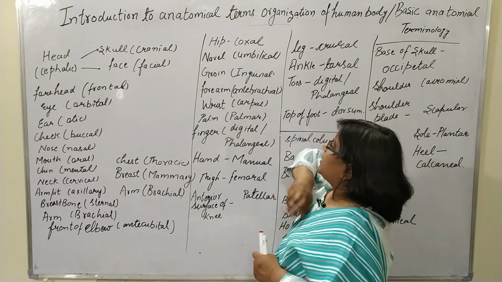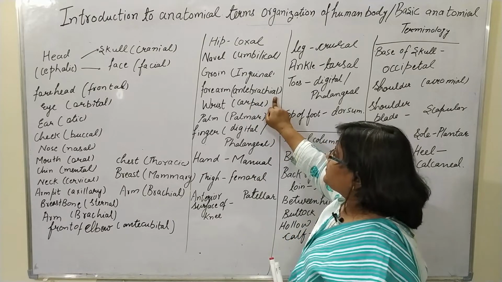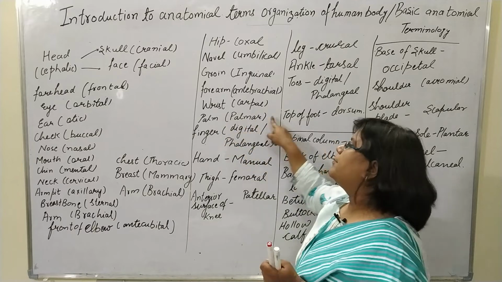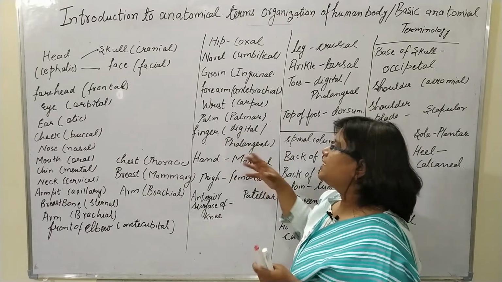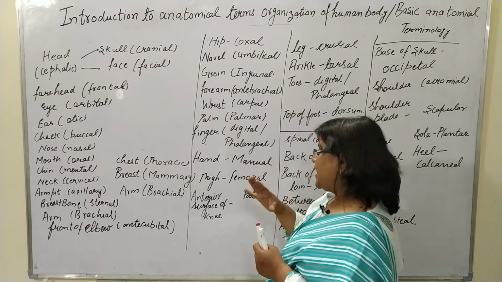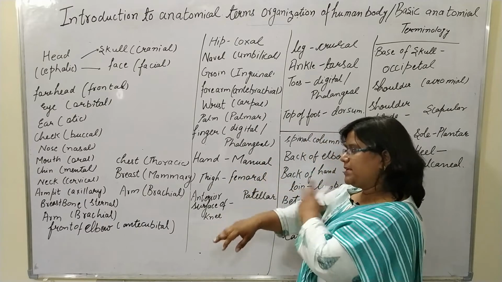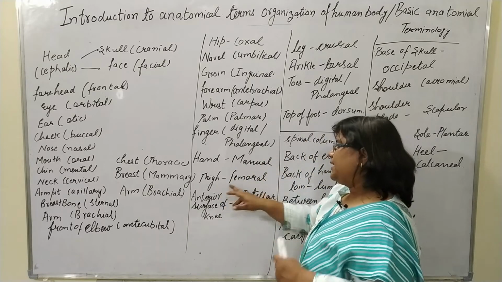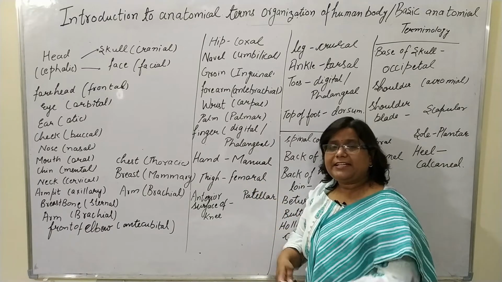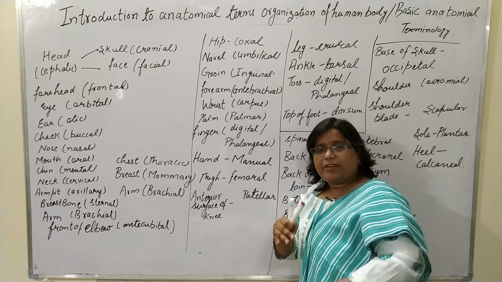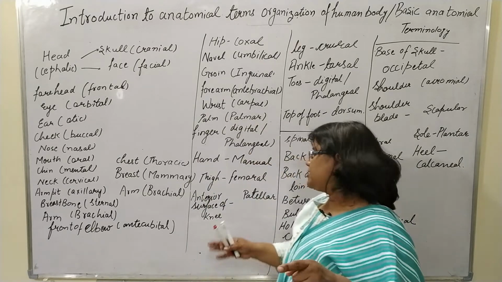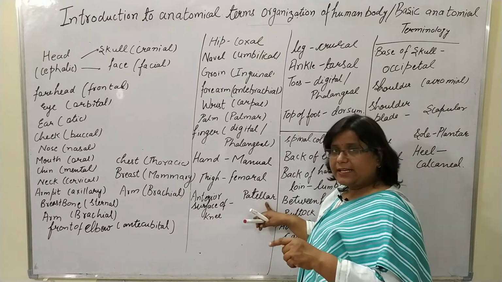Forearm is antebrachial, wrist is carpal, palm is palmar, finger is digital or phalangeal, and the complete hand is manual. Thigh is femoral. The anterior surface of the knee, anterior meaning the front surface, is the patella region.